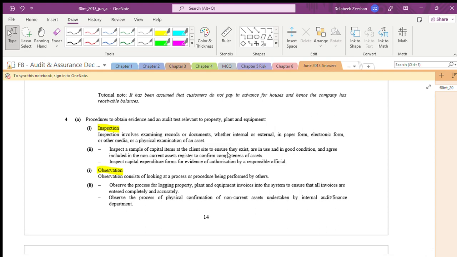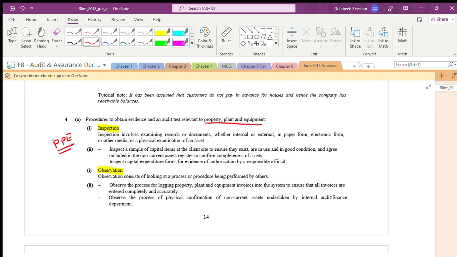What we have to do is make sure how we are going to work it out with property, plant and equipment. That's very simple. When we are talking about property, plant and equipment, first you have to write the theory and then support it with the example. Understand my point?